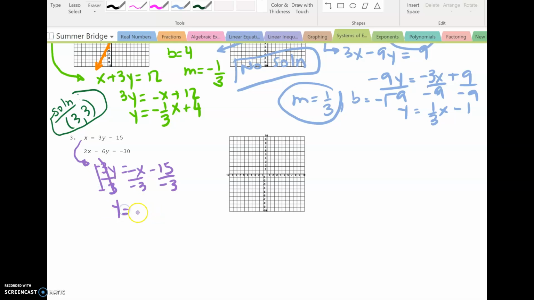So y is equal to positive 1/3 x plus 5. Where my slope is 1/3 and my b is 5. So I start here at 5, I go up and over 3, up and over 3, up and over 3, down and to the left, down and to the left, down and to the left. I'm going to graph my line.